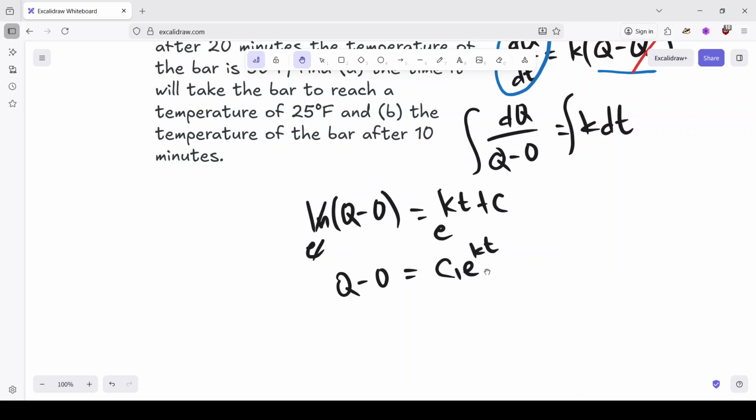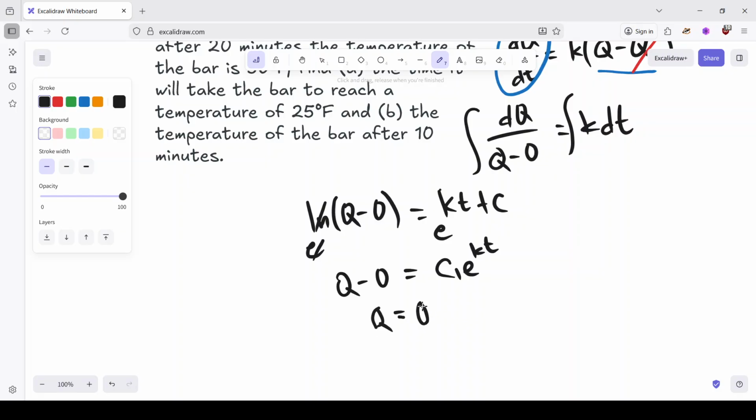Again, although the ambient temperature here is 0, I am including this in the equation to develop the habit of including the ambient temperature in the equation. So Q is equal to 0 plus C1 e raised to kt. In the case of Newton's law of cooling, the ambient temperature will always be here in the equation.